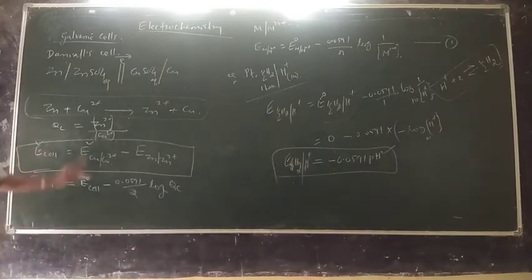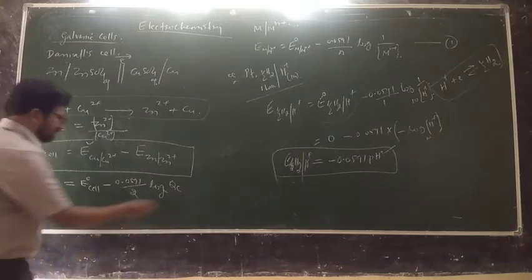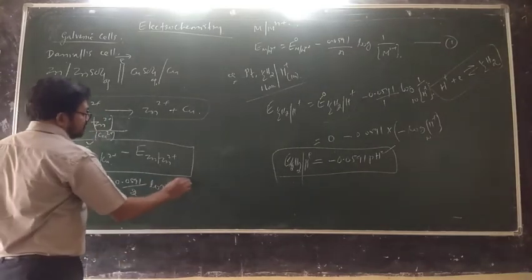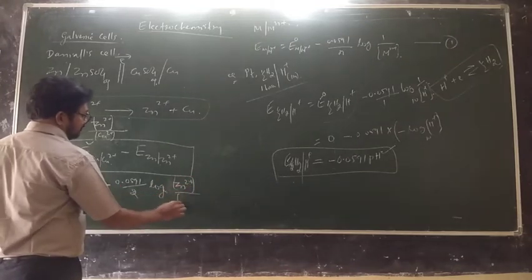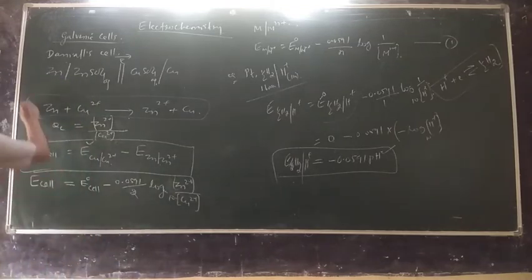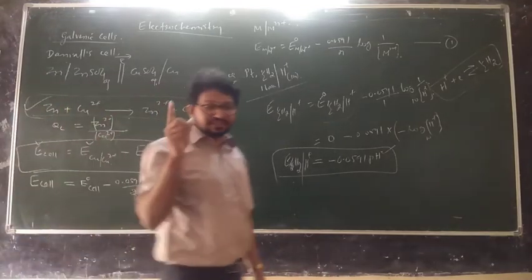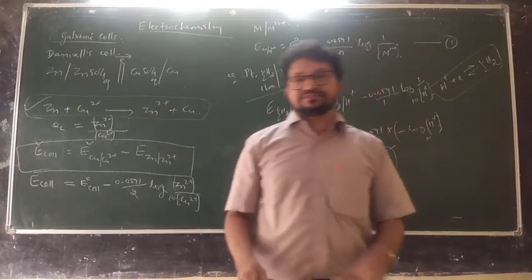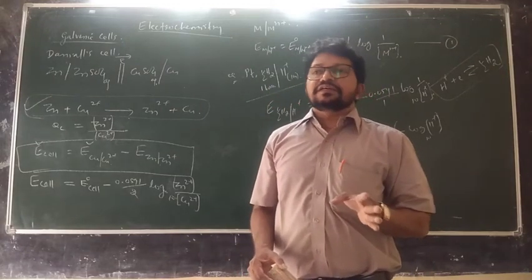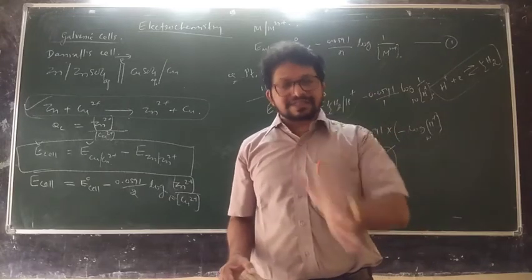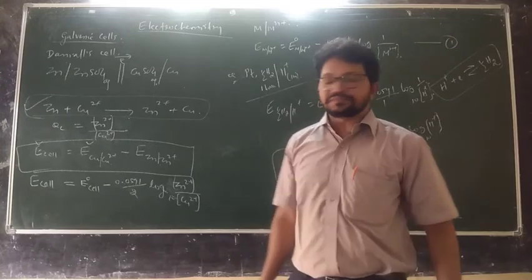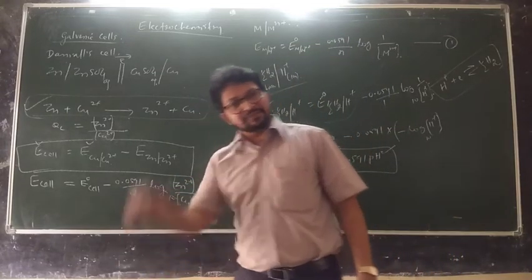So QC can be substituted as zinc 2+ concentration divided by Cu2+ concentration. One thing you must know: unless you know the chemical reaction for a cell reaction, you cannot write the Nernst equation, because the Nernst equation is to calculate the EMF of the cell reaction.